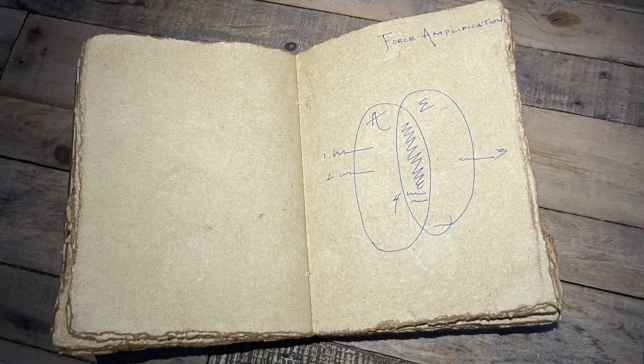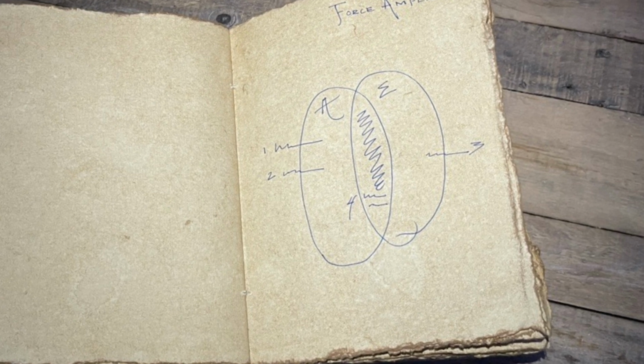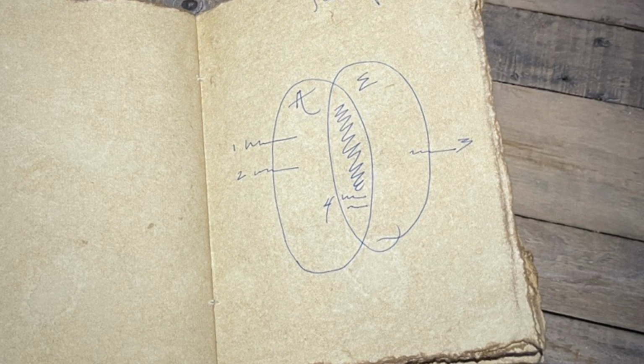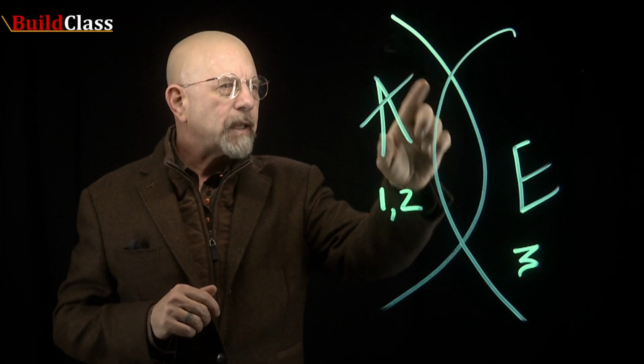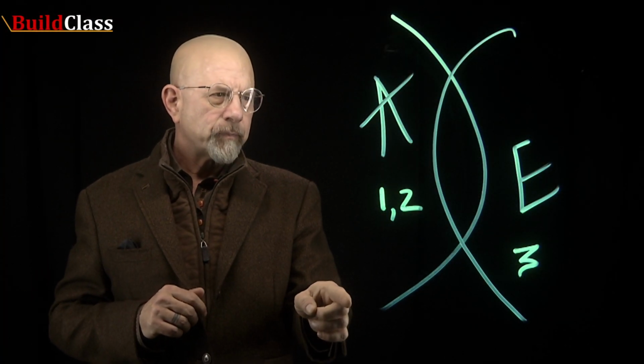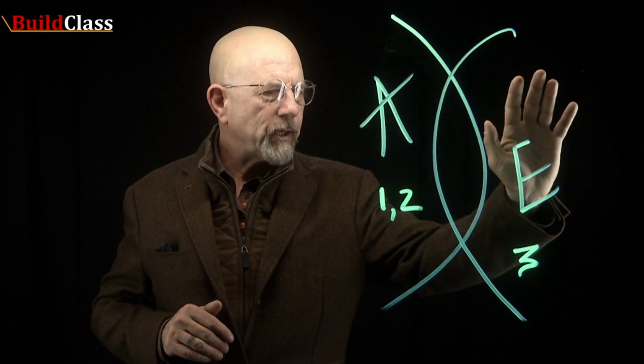This is not some simple exercise. It's the most important thing you can do right now to prepare yourself for building a powerful, effective funnel. Here we go. You're looking at the inside of a Venn diagram. It's just like my journal. There's an oval here and there's an oval here.